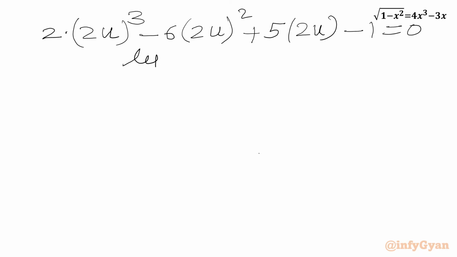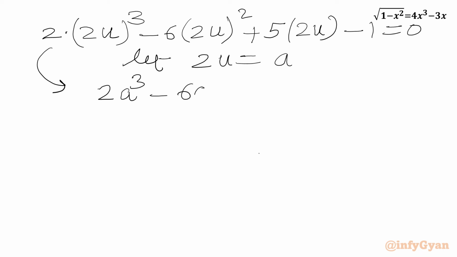Again, our substitution is obvious. Let us say 2u equal to, suppose, a. So our equation will become 2a cube minus 6a square plus 5a minus 1 equal to 0.